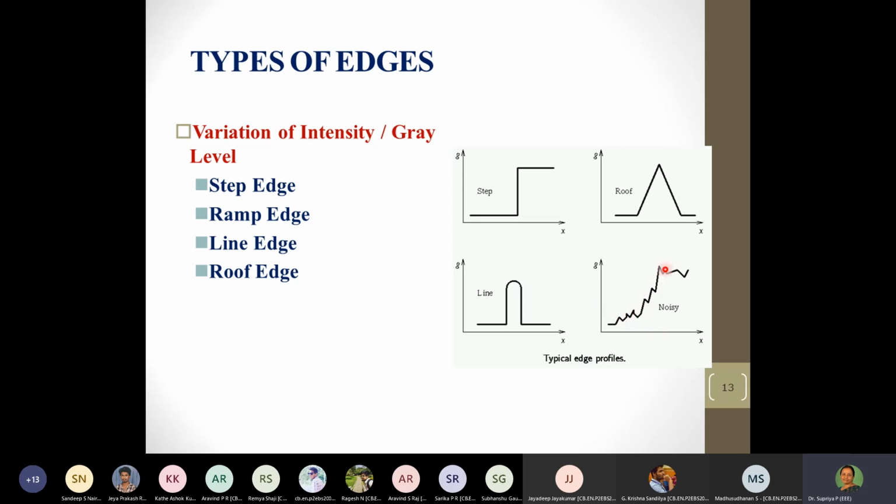For that it has got noise, and that also we are not sure. Or it could be even a line where again the variation is something like this which could not be detected. So these are the basic four types of edges, out of which I think the step edge and the ramp edge we have also considered in the discussion of our intensity profile in yesterday's class.